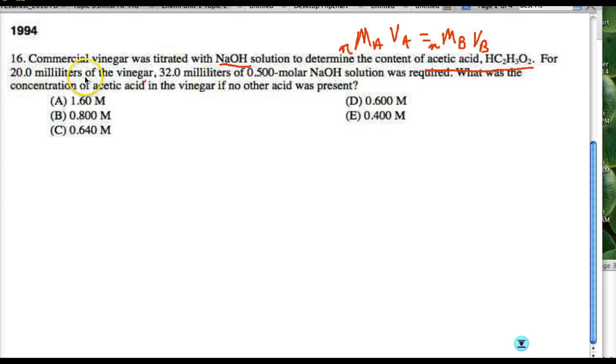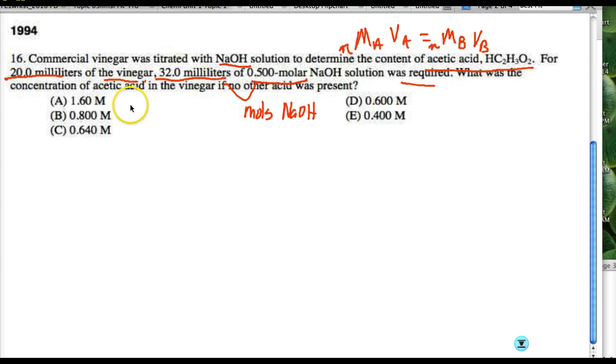For 20 milliliters of vinegar, 32 milliliters of a 0.5 molar solution were required. What does that mean? It means it took this many milliliters of this molar solution, together that gives you moles. That many moles of NaOH were required to neutralize 20 milliliters of this vinegar.